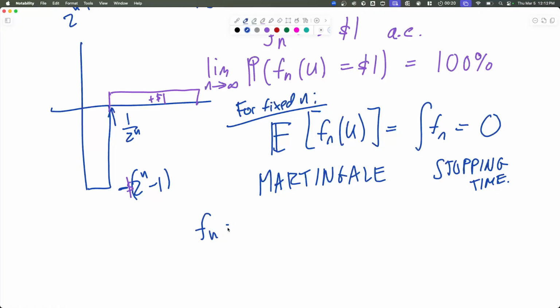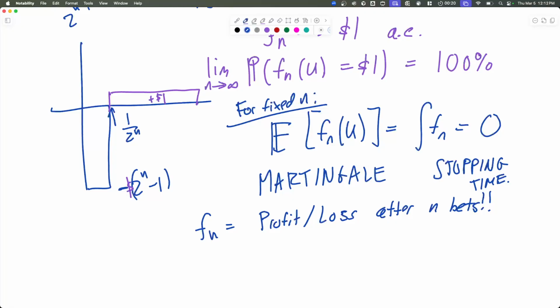Yeah, there are theorems that say under such and such conditions, you can also do F of t, where t is this random stopping time. But let's let it be fixed.